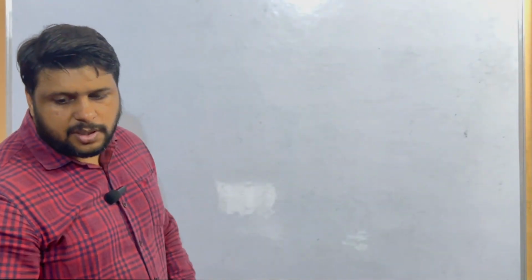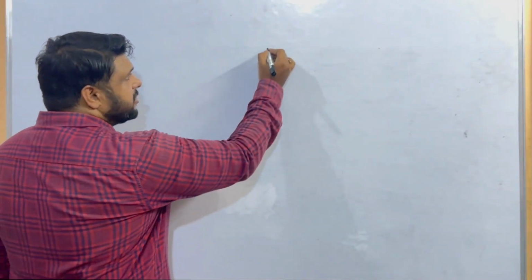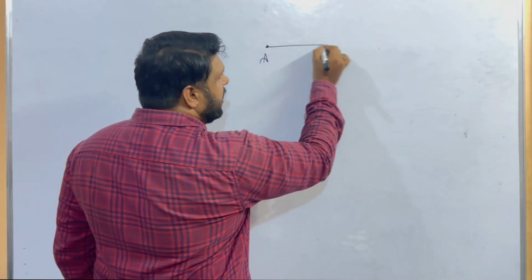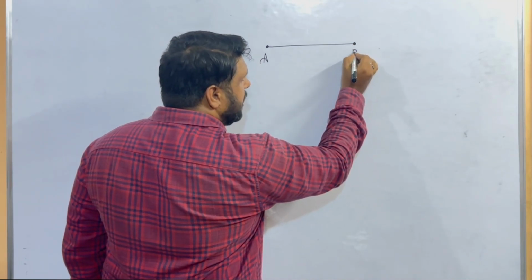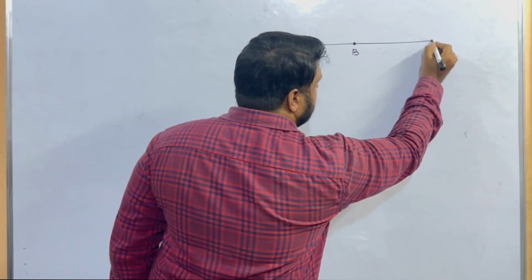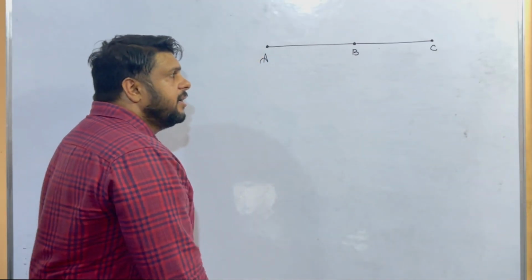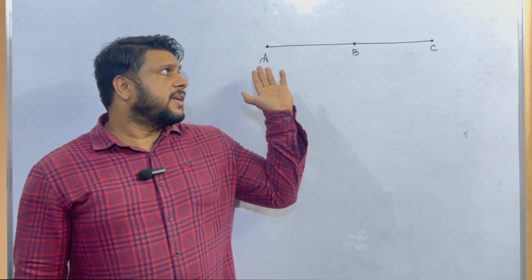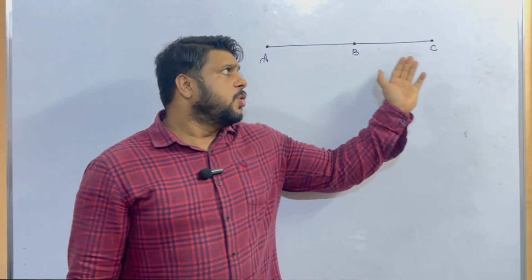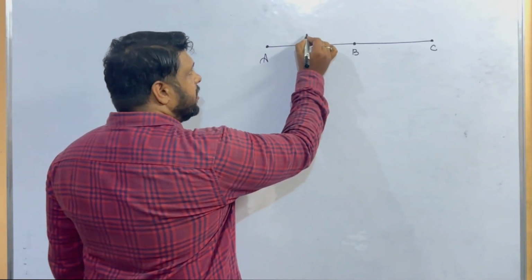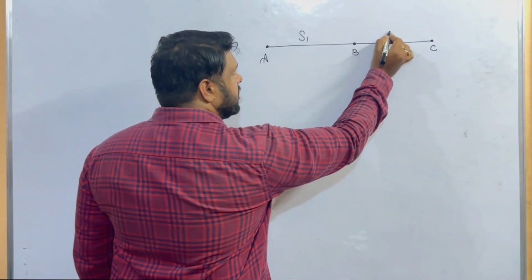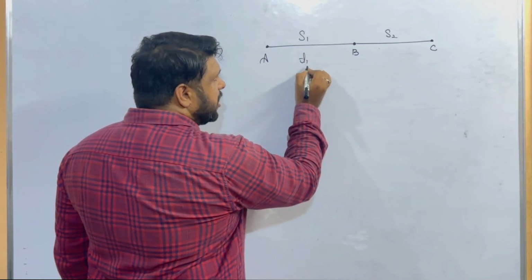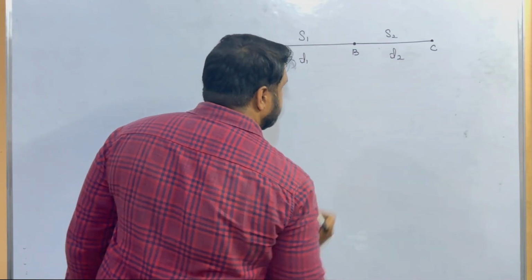Let's take a particle present at point A which moved to point B, and after that moved to point C. This is the path taken by the object. Let's say it has covered S1 distance and S2 distance, and the time taken to cover this journey is T1 and T2.